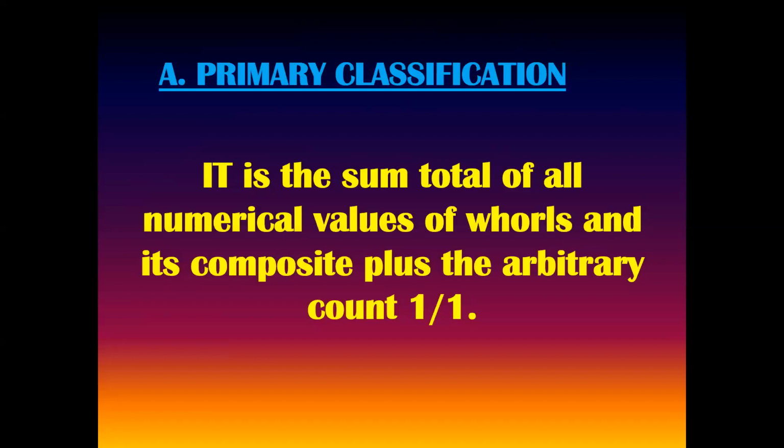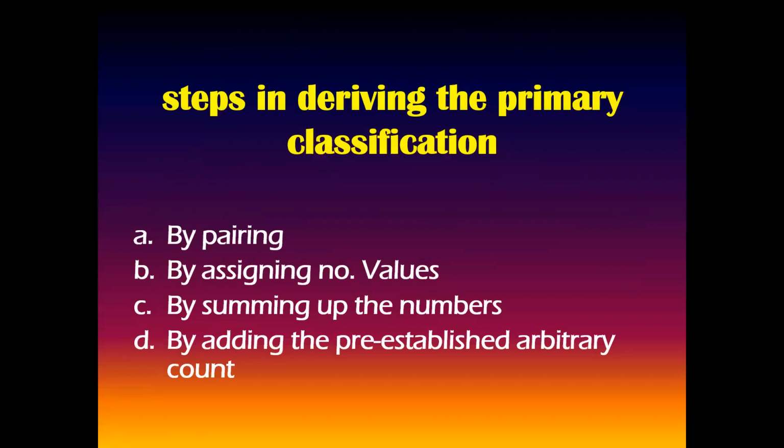So, steps in the primary classification: pairing, of course. First pair, as I have made mention, the first two fingers, number 1 and number 2, will be the first pair, then 3 and 4, 5 and 6, 7 and 8, 9 and 10.